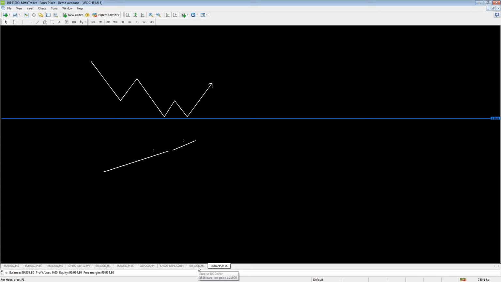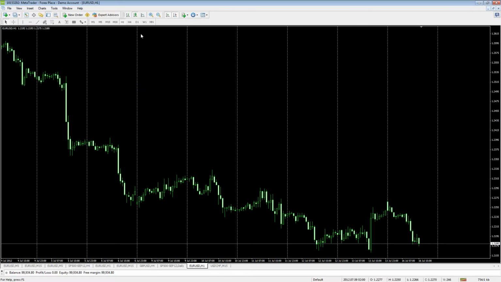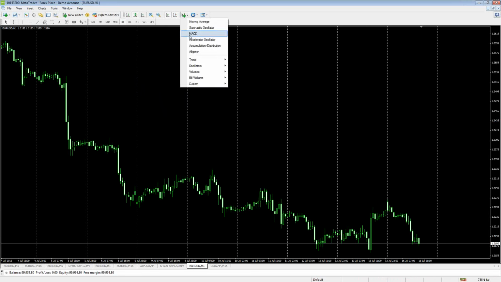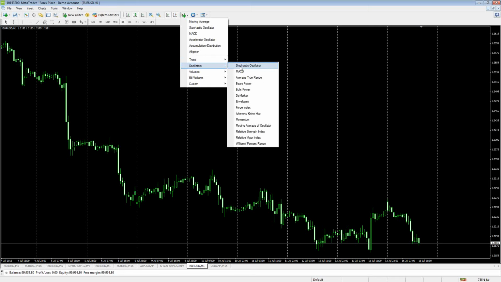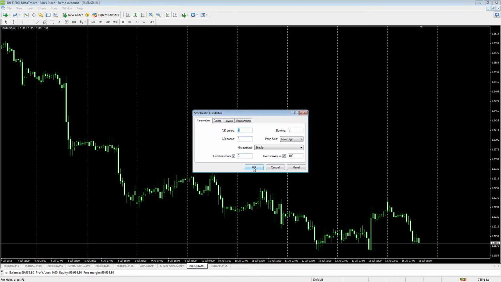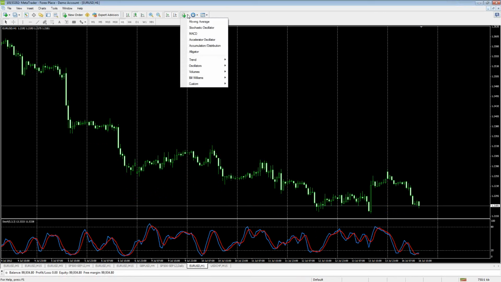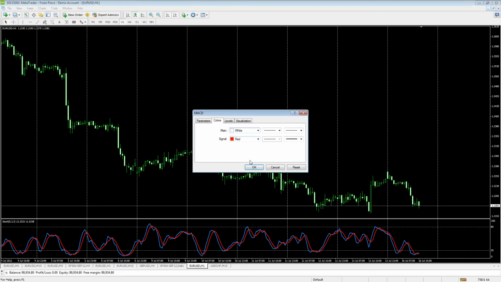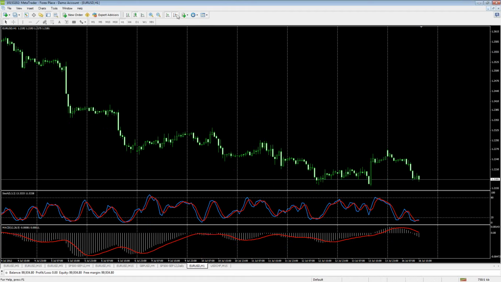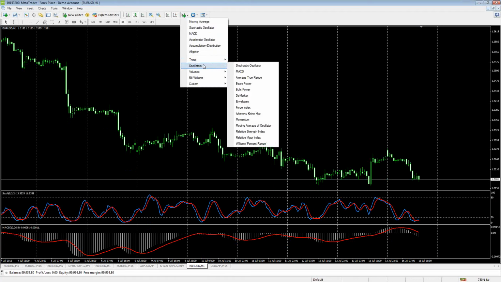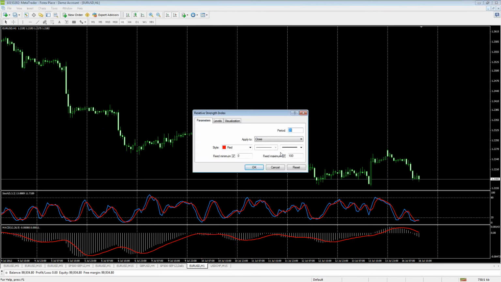And if we look at the euro dollar, let's add the stochastic, and let's add a few oscillators. Let's add the stochastic and the MACD, and you know what, even the RSI. Let's see how the RSI reacted.